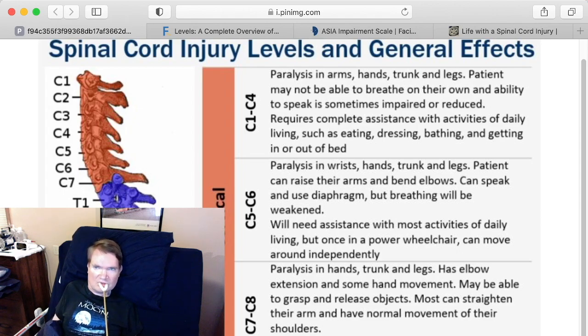Now, it also depends if they had a surgery not long after their injury, that sometimes a doctor will fuse some of the vertebrae in the upper neck in order to prevent further injury. And that, of course, if your vertebrae are fused together, that you won't be able to move your head around as much either.